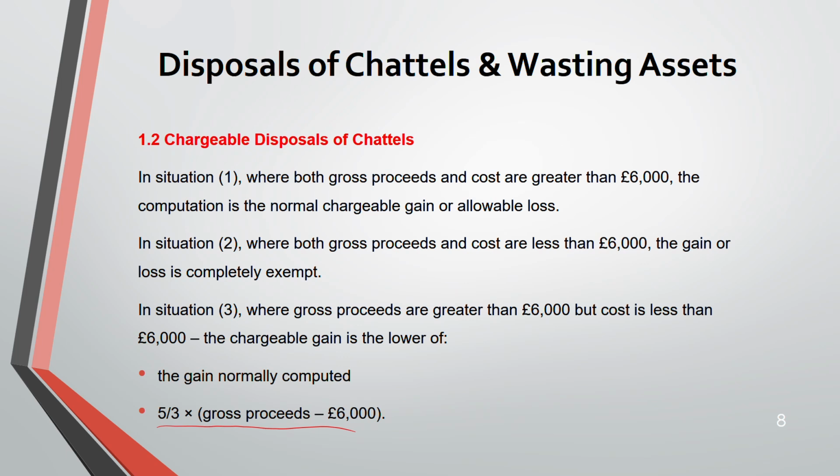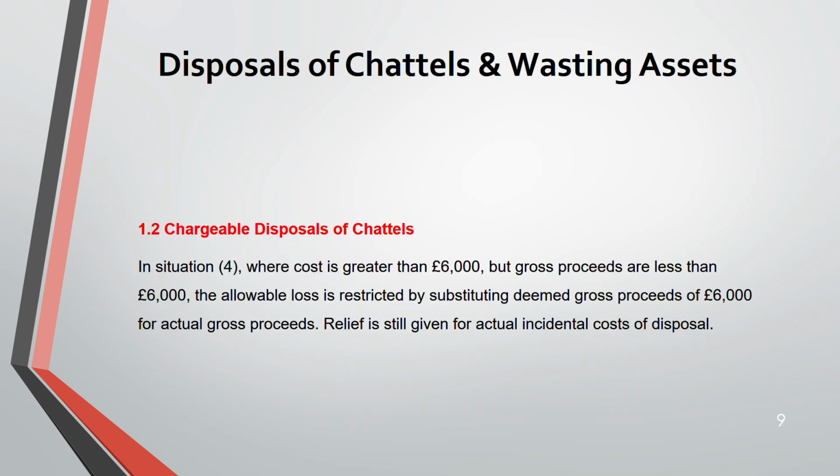Whichever is the lower, that is chargeable. Now situation 4, sale proceeds are less than 6,000, cost is greater than 6,000. So this allowable loss is restricted by substituting the deemed proceeds of 6,000 for the actual proceeds. Can you understand?